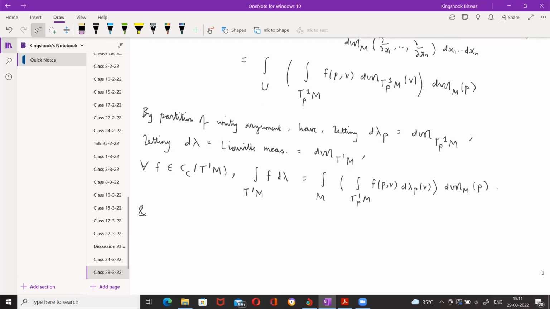And for all U open subset in T1M, the lambda of U, the Liouville measure of U, I can get as an integral over M of lambda P of U intersect TP1M, d vol M of P. Is this clear?